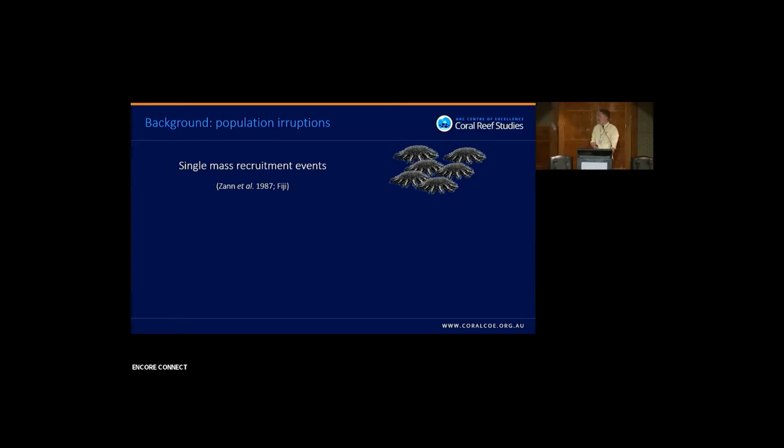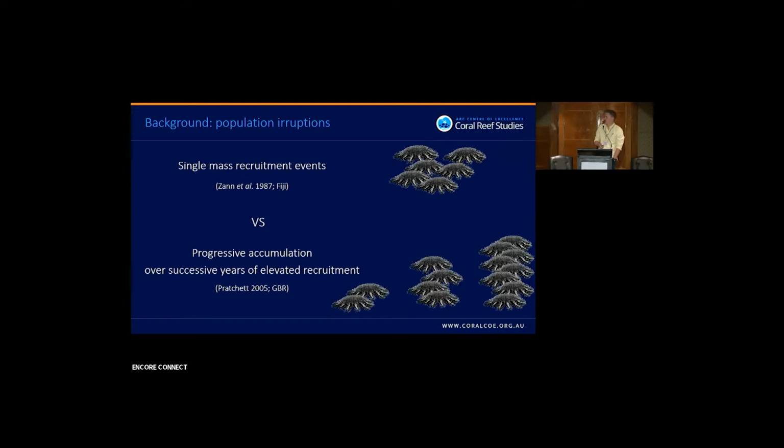The exceptional reproductive potential of this starfish suggests that even small changes in key demographic rates could trigger these outbreaks and population eruptions. So in the past, these eruptions have been attributed to either single mass recruitment events or progressive accumulation of starfish over successive years of elevated recruitment.